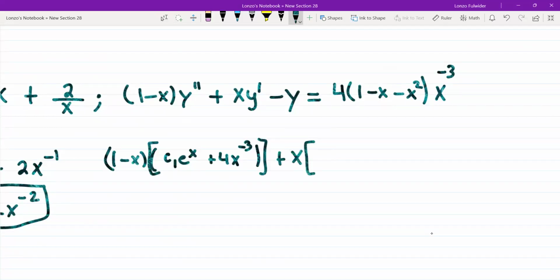Y prime is c1 e to the x plus c2 minus 2x to the negative 2, minus y, regular y is c1 e to the x plus c2x plus 2x to the negative 1. So let me put that in.